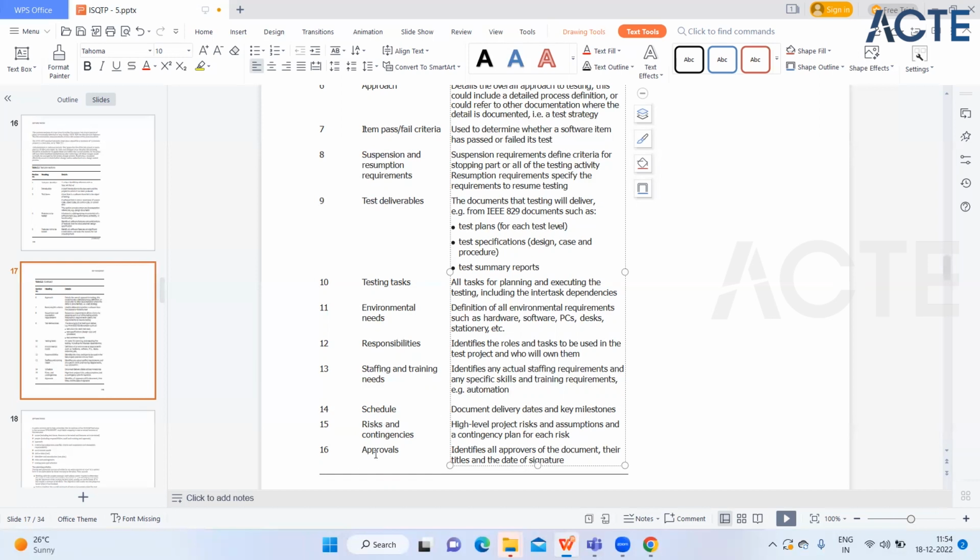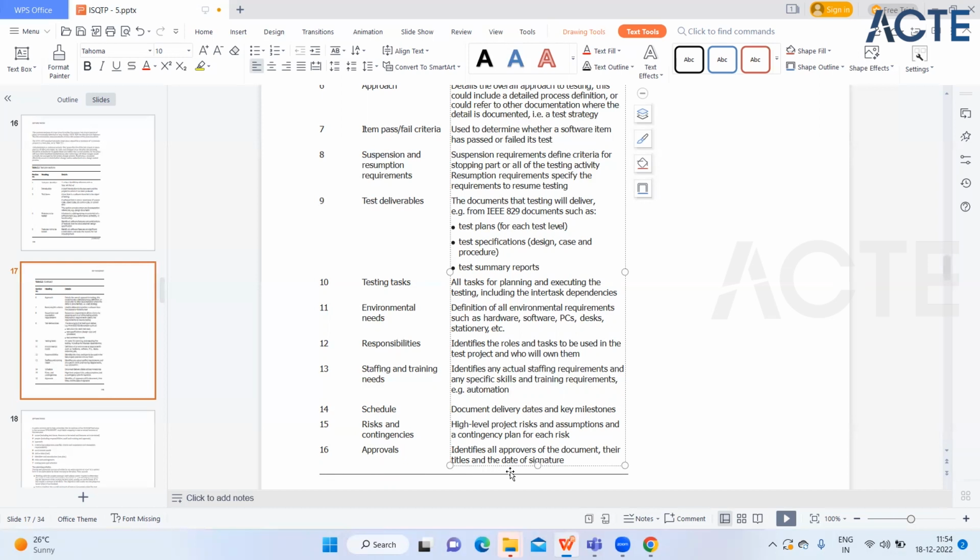And after this, the last one is approval, which identifies all approvals of the document, their titles, and the date of signature. So when that particular test plan document is prepared, we have to take the approval as well. We will define every approval person's name, and they have to sign that document.